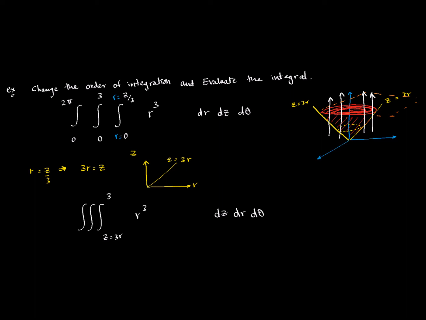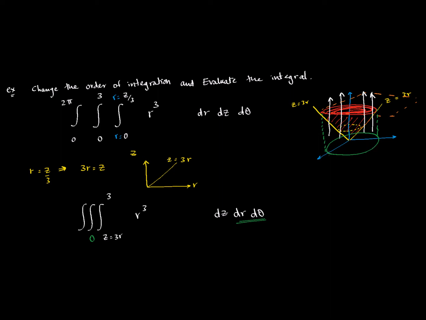Now we can find the limits in terms of r and theta. So you look at the projection of the shape on the xy plane. The projection of the shape is going to be a circle that's centered at the origin, so the lower value is going to be 0, and the upper limit is going to be the radius of this circle.